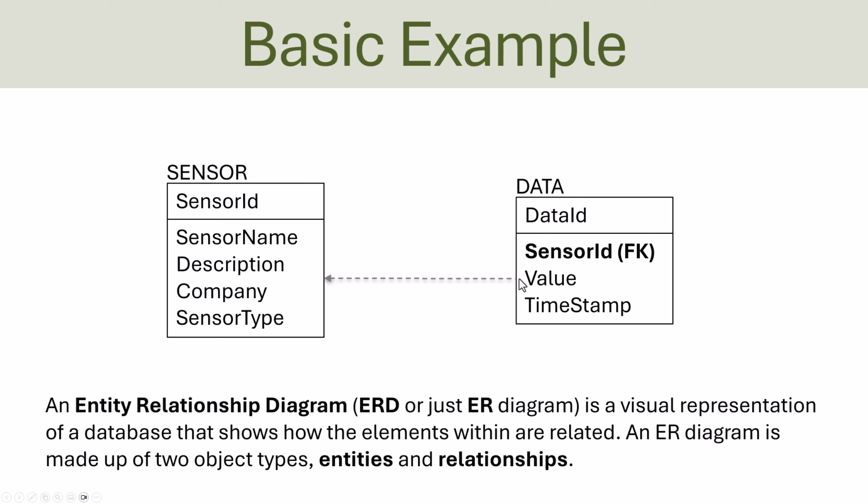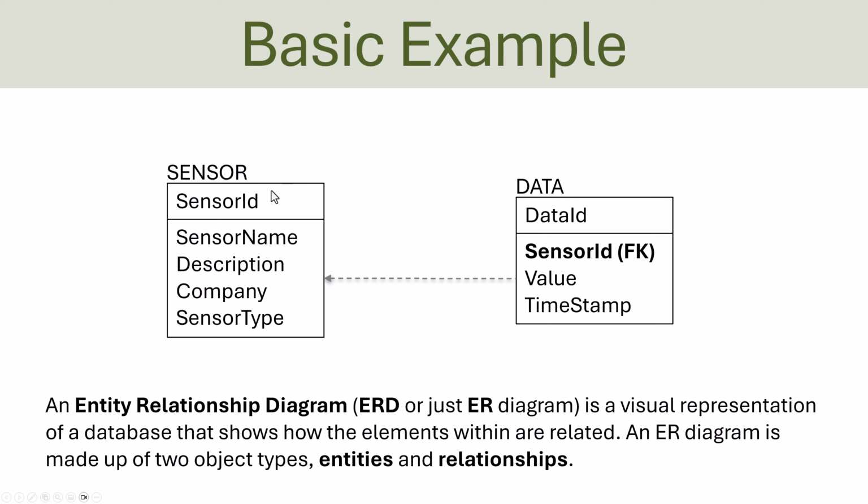So in this case, you have two entities, one called sensor, which is storing information regarding the sensor, description, sensor types, etc. And then you have here the data entity, which is storing data for each sensor. And in order to do that, we also need to have a relationship between those two tables.